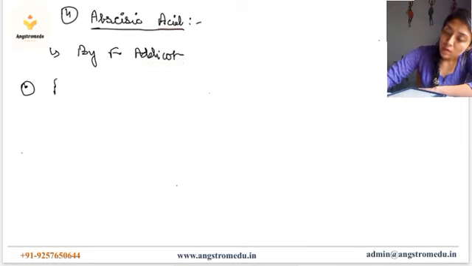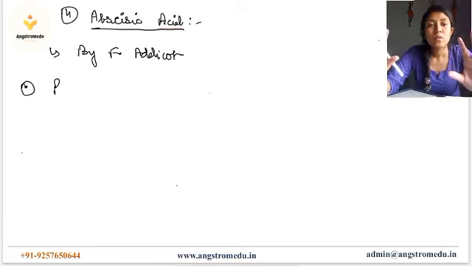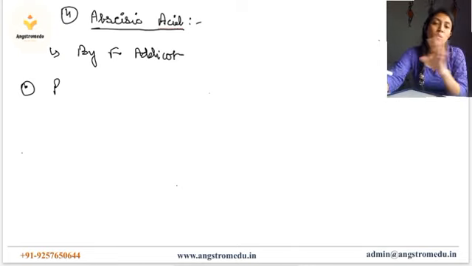If you are confused what to write in the functions of abscisic acid, and if you are well aware of the functions of your cytokinins, your gibberellins and your auxins, just write the anti of all of them in this section.